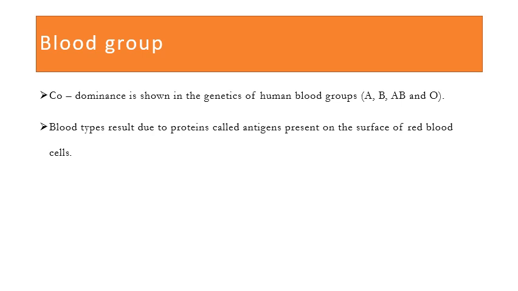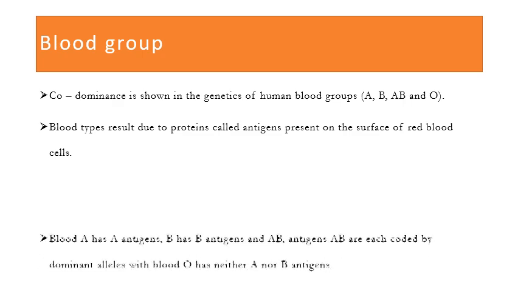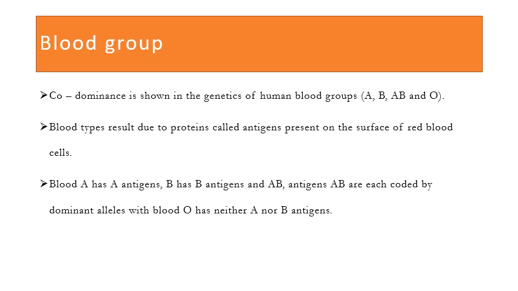So the type of antigens that they produce make them be labeled as blood group A or blood group B, blood group AB or blood group O, and blood group O does not produce any type of antigen.